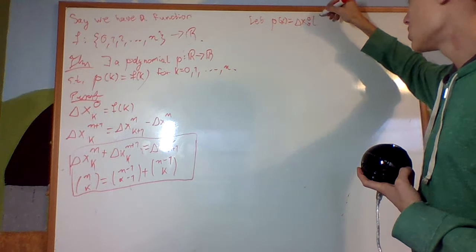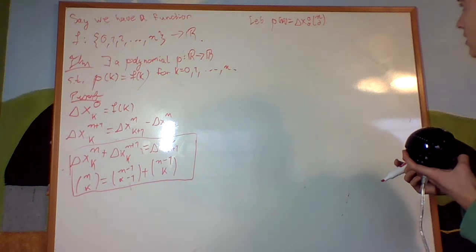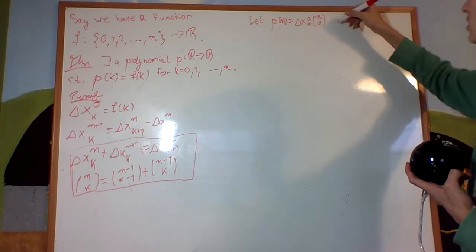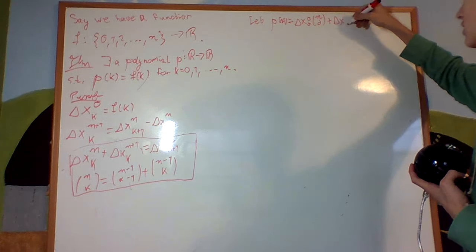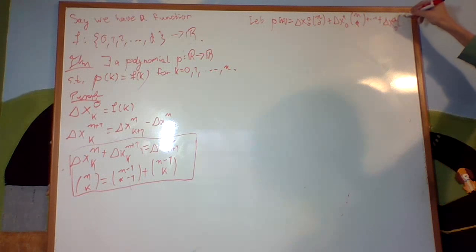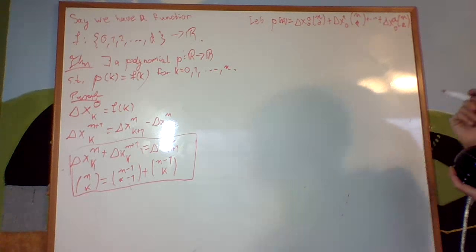So p of n is going to be delta x 0,0 times n choose 0 plus delta x 0,1 n choose 1 plus all the way up until delta x 0 n. I should call that a different thing. I'll call it d. So delta x 0 d, then n choose d.